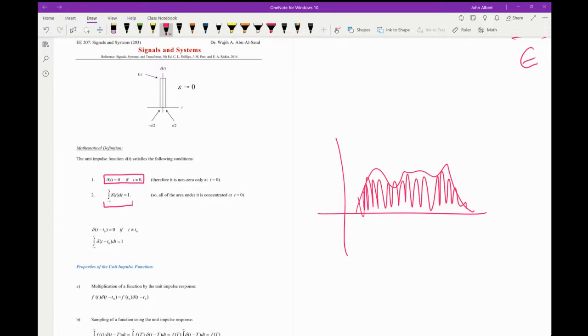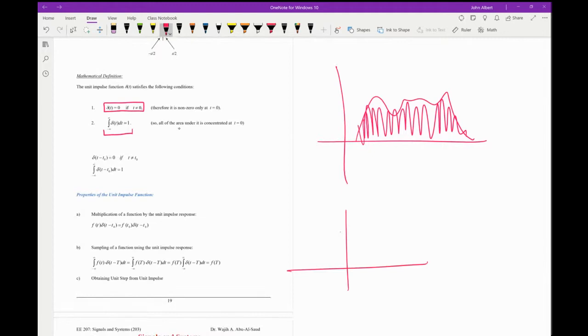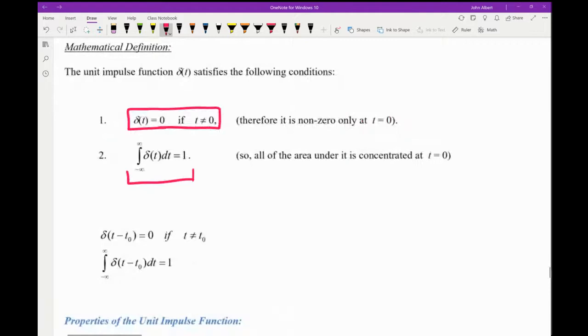It happens that the unit impulse function has all of its area concentrated at one point. What is that point? That point is t equal to 0. Only at one point there is some area, and how much is that area? It's equal to 1.